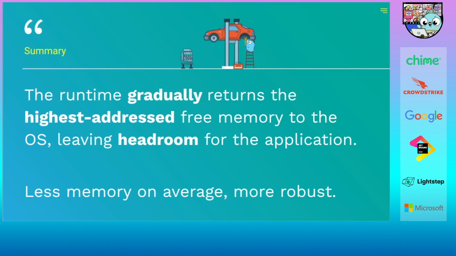Specifically, it returns the highest address memory first while leaving headroom for the application. What this means for you, again, is that Go applications should use less memory and should expect better recovery behavior from heap spikes, or in other words, it's more robust. Expect to see this showing up in your monitoring, and if not, please file a bug. That would be bad. That means that the runtime isn't doing its job.